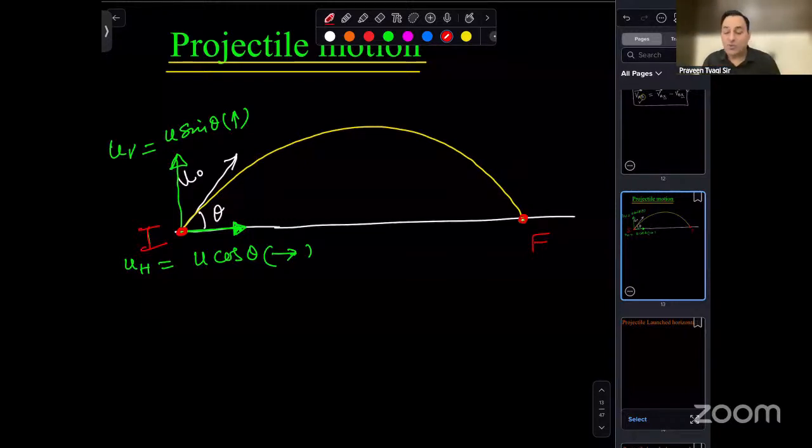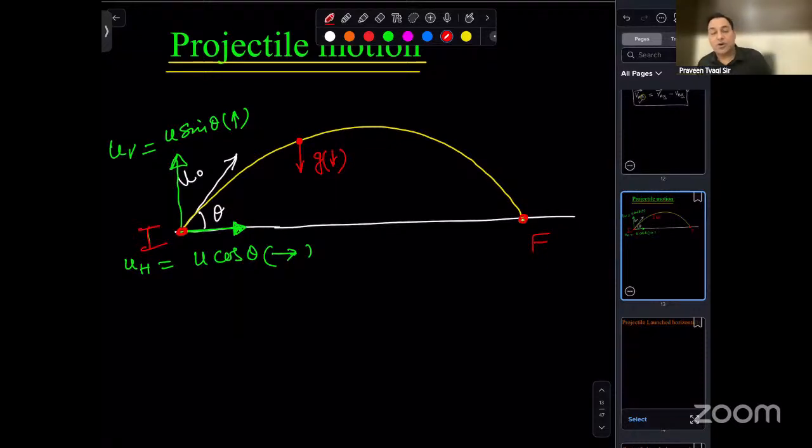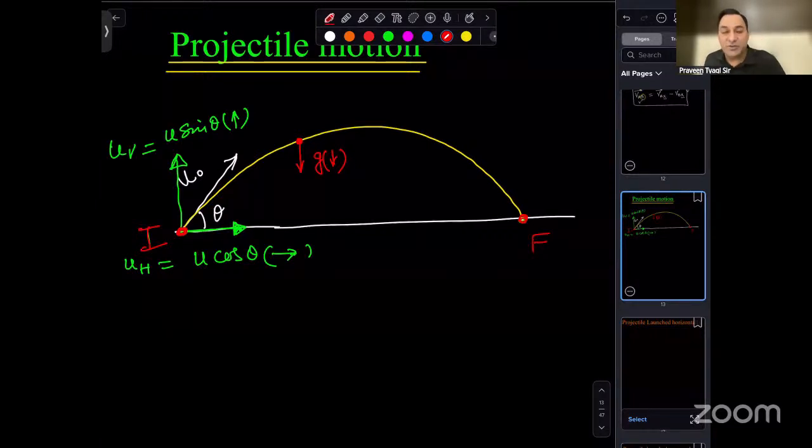So there are two types of motion. When this body is in the air, it has one force acting on it, which is mg, and because of that, the acceleration is g downwards. The body always has a uniform acceleration g downwards throughout its motion, and there is no acceleration in the horizontal direction. How many of you agree?